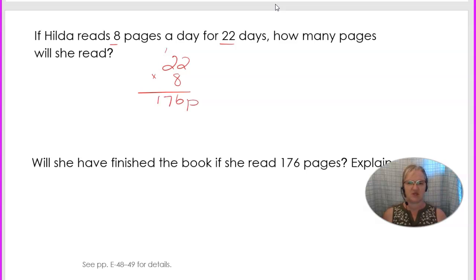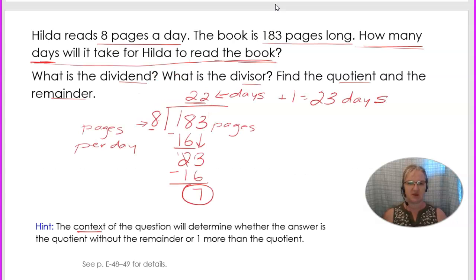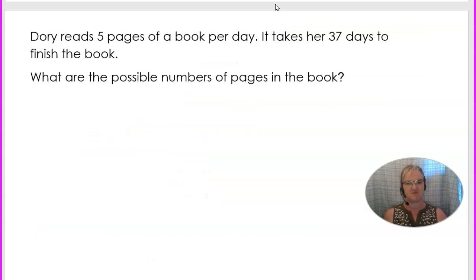So that's 176 pages. And will she have finished the book if she read 176 pages? No. That's what we determined here, right? It's 183 pages, so she'll have 7 pages left. So we have to add 1 more day to account for those 7 pages.